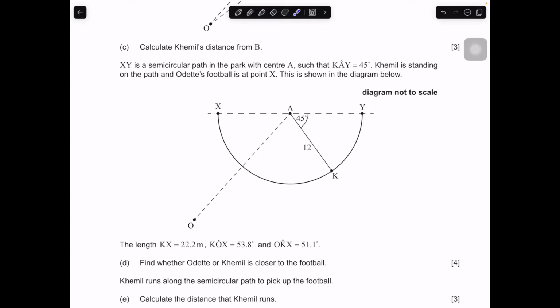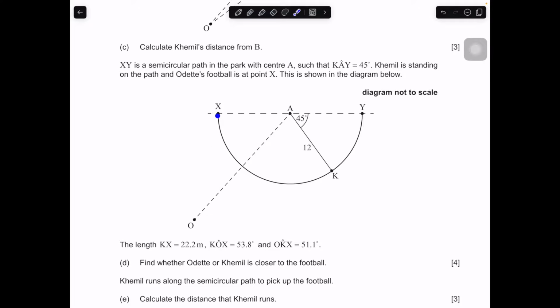Camille is standing on the path, so here's Camille, and Odette's football is at point X. This is shown in the diagram below. Okay, so here's a football, here's Odette, here's Camille, and there's this semicircular path right here. Okay, the length KX is equal to 22.2.